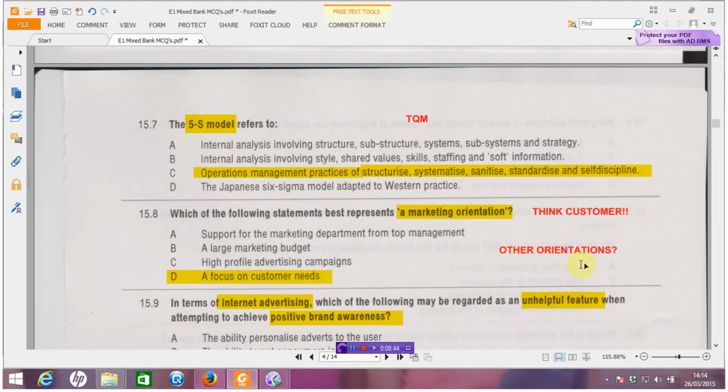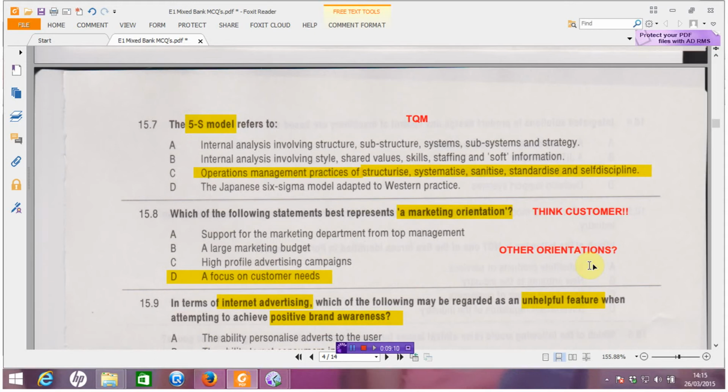In terms of other orientations, which are generally sort of frowned upon, as it were, obviously we've got a sales orientation where the entity is just purely interested in making sales. Over and above that, we've got a product orientation where we're focusing on just building a product, making a product, and making the features unique, and then getting it out into the market and really hoping that it sells itself. I guess Apple would be a good example of that.